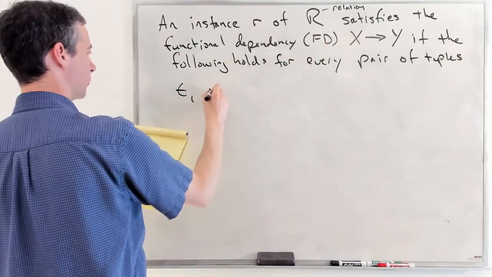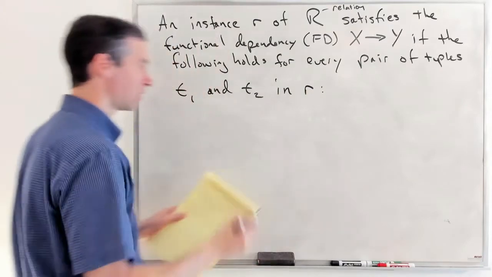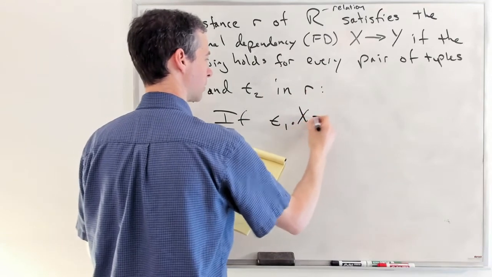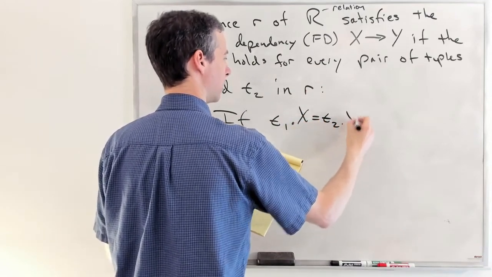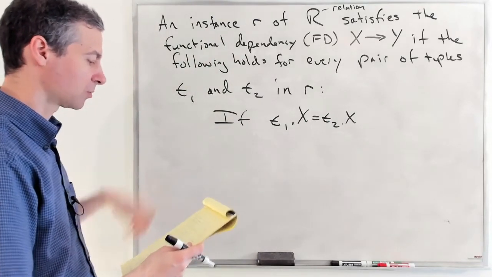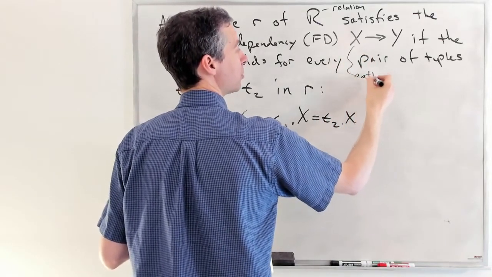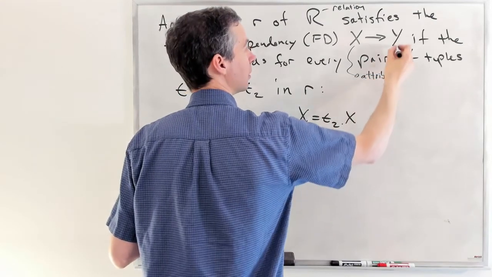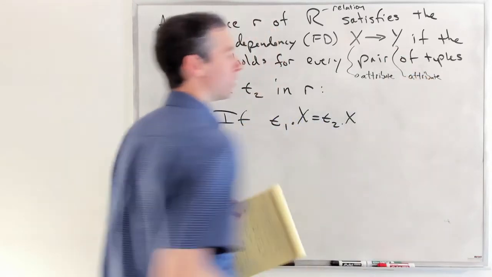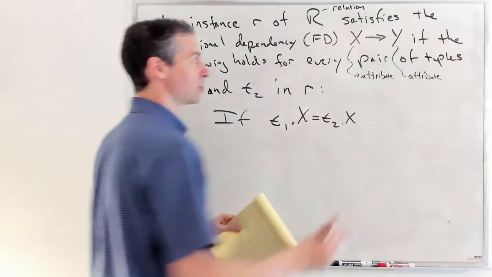T sub 1 and T sub 2 in R. So if T sub 1 dot X is equal to T sub 2 dot X, and what's missing from here is explaining that this is attribute X, this is attribute Y, and in fact, it could be attributes X and attributes Y. It doesn't have to be a single attribute.